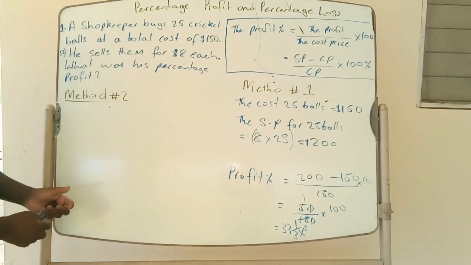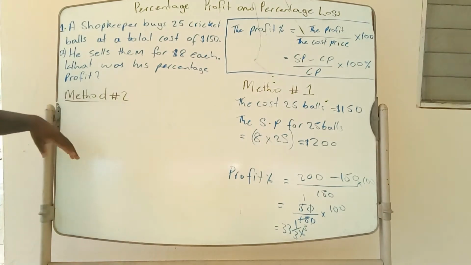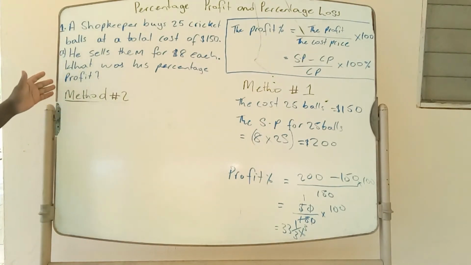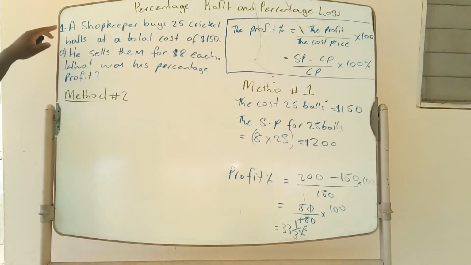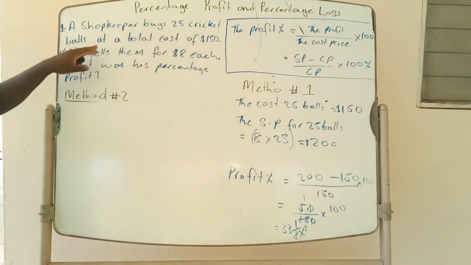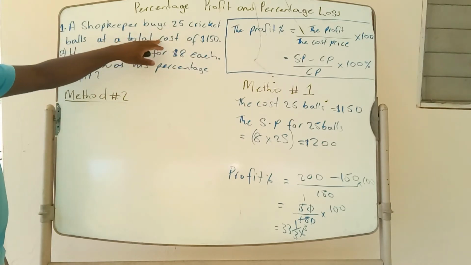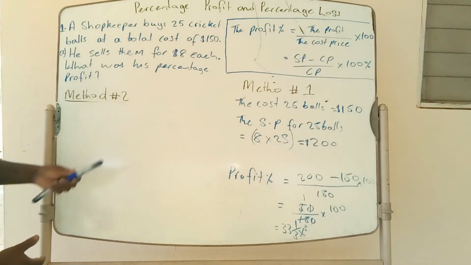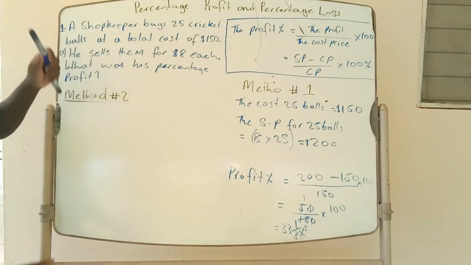So now we're going to look at method 2 and how we would go about solving this same problem using method 2. We know that the shopkeeper buys 25 cricket balls at a total cost of 150. So it means that we could determine the cost of one ball.